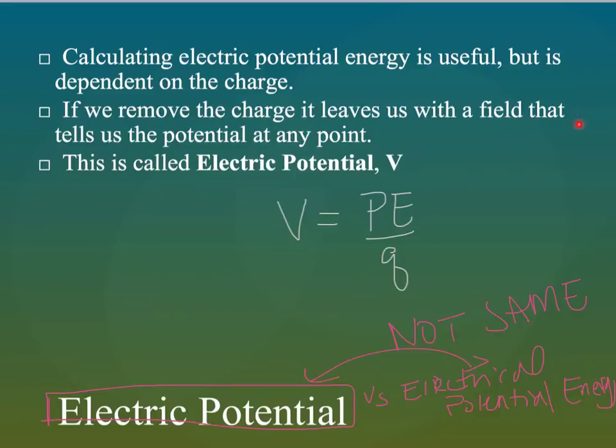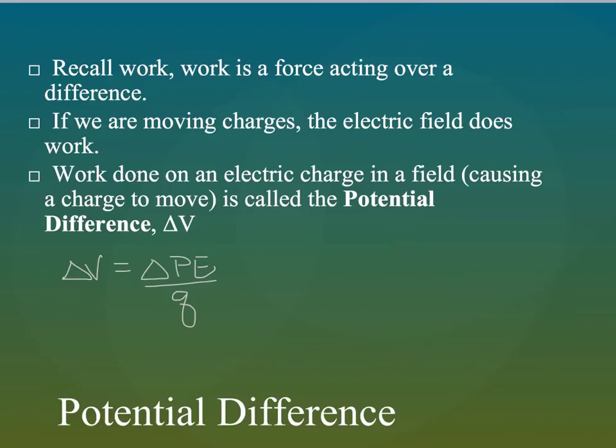It leaves us with a field that tells us the potential at any point instead of the field at any point. This is what we call electric potential, and it uses the capital letter V. Because we're getting rid of the charge, we just take our potential energy and divide by Q. So they're very related things, but now we use the letter V, and this is without our charge that's moving inside the field.